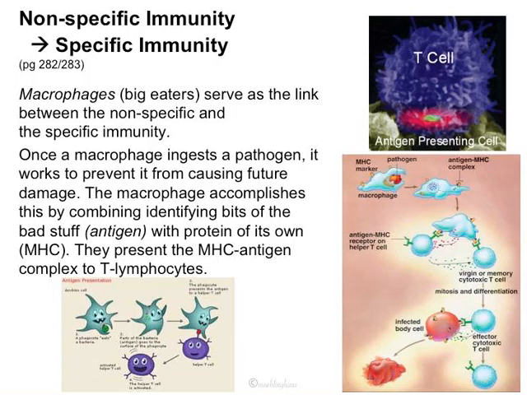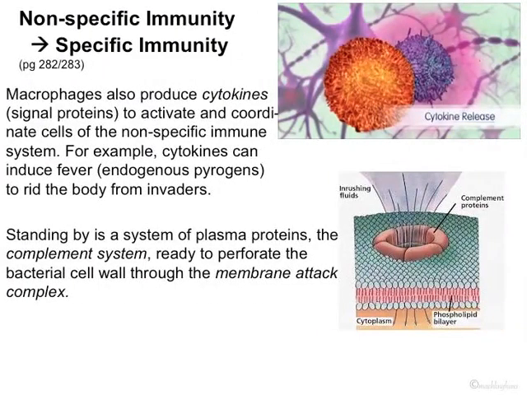We'll talk about that next. And then when they present the MHC and the antigen combined to the T lymphocytes, which are the sharpshooters, they will then shoot down or learn who to shoot down. Very interesting stuff.